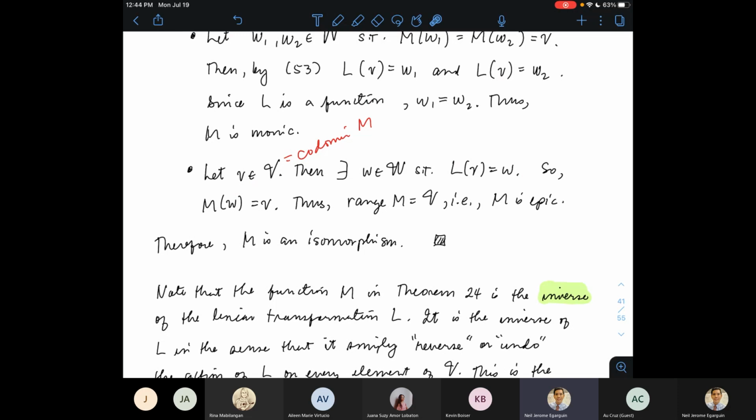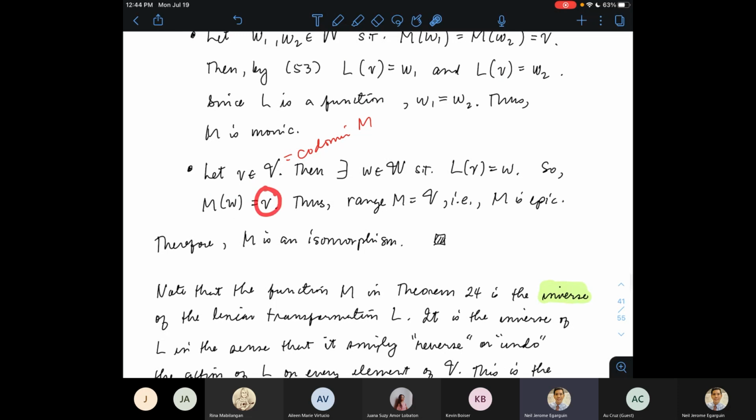So by equation 53, M of w then is equal to v. So that means every element of the codomain of M will have a pre-image little w in W. So that means the range of M is the entire V.